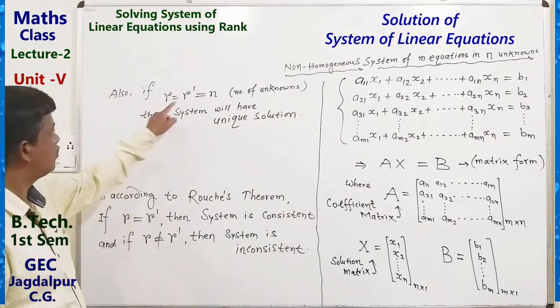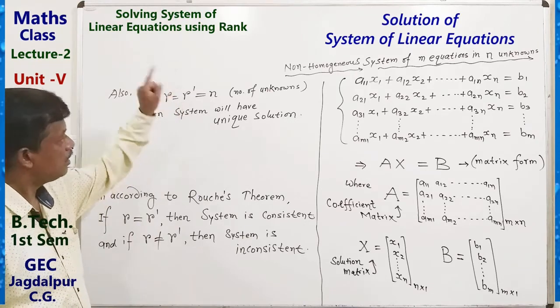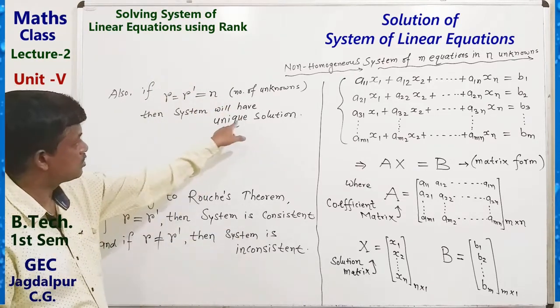If both ranks are equal and equal to n, the number of unknowns, then a unique solution.